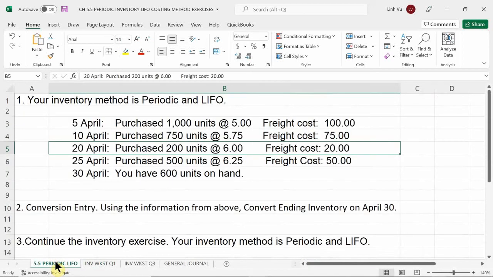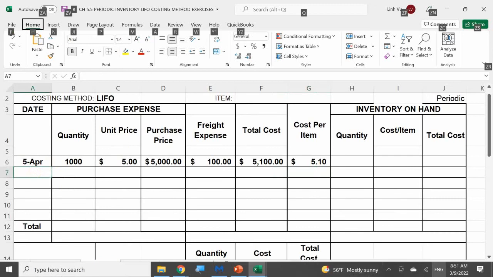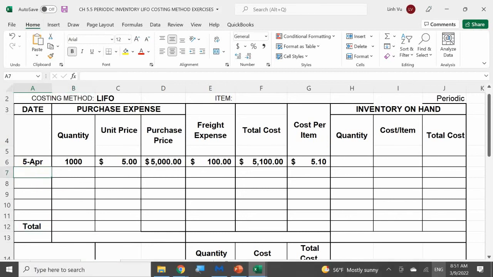April 10 rolls around, and we end up purchasing 750 units at $5.75, okay? And the freight was $75. So it's April 10.